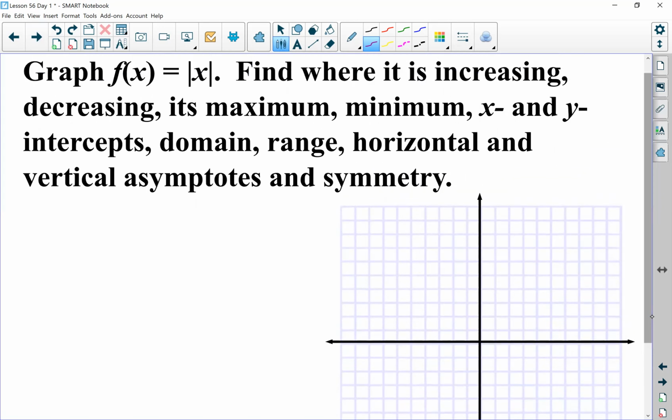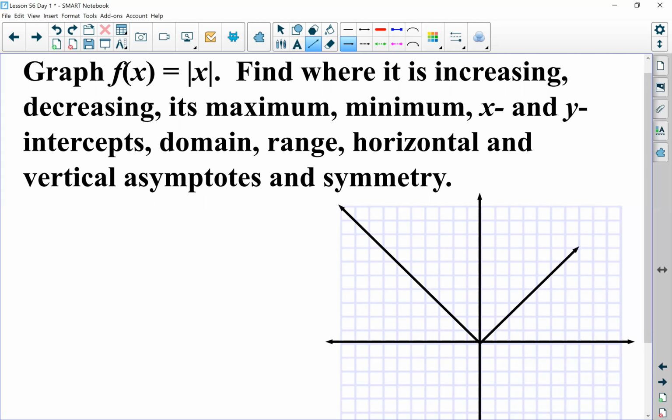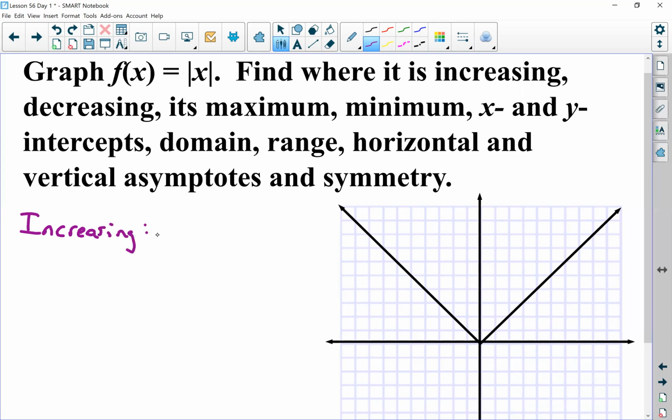So if you remember, the absolute value function has that V shape. So it looks like that. So let's see, increasing. This one increases from 0 to infinity. And it's decreasing from -infinity to 0.